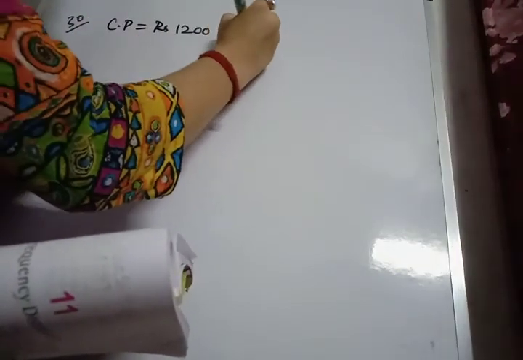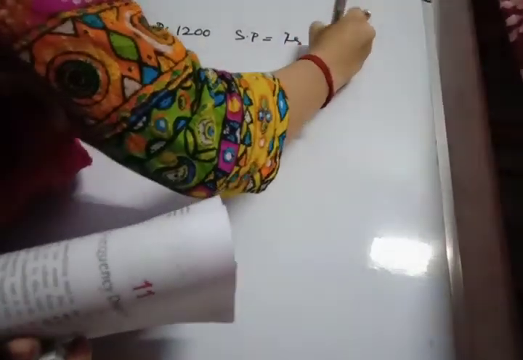So cost price is how much? The initial one equals 1200 and selling price is equal to rupees 1440.